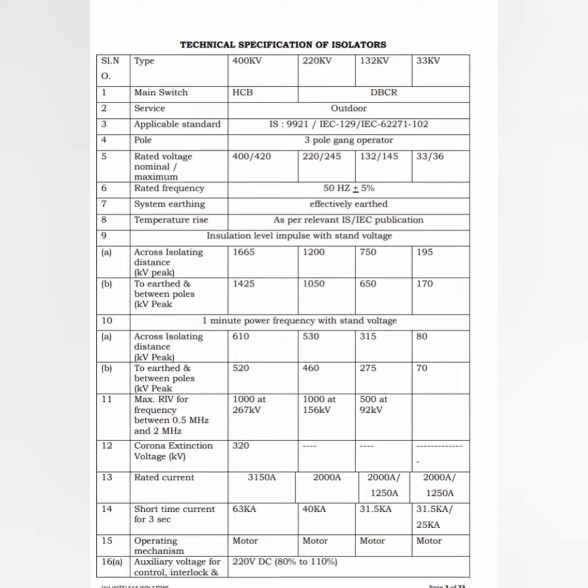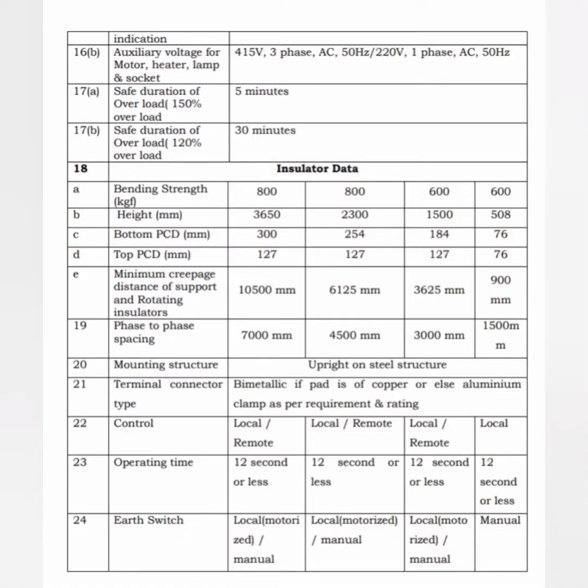The main things we are going to see are the peak current, the normal current carrying capacity of the isolators, and also the closing operating time. Normally closing and opening operate in the same time. Hope you understand. Just go through it.